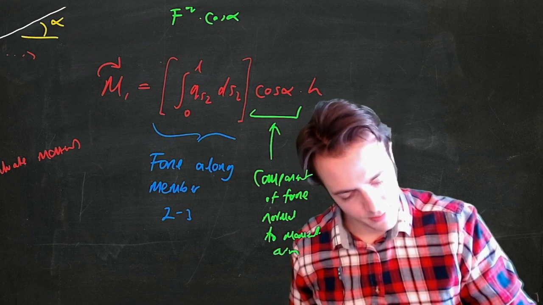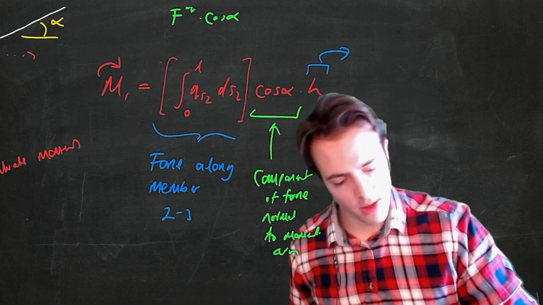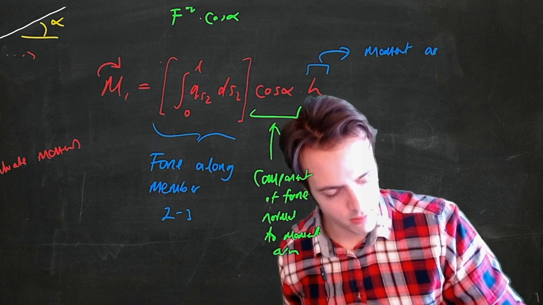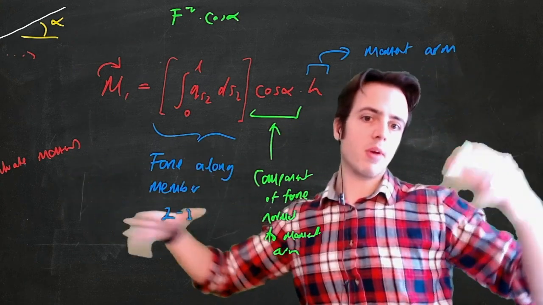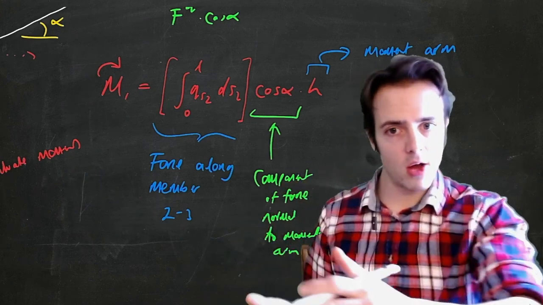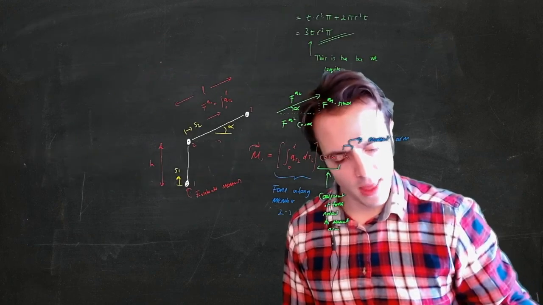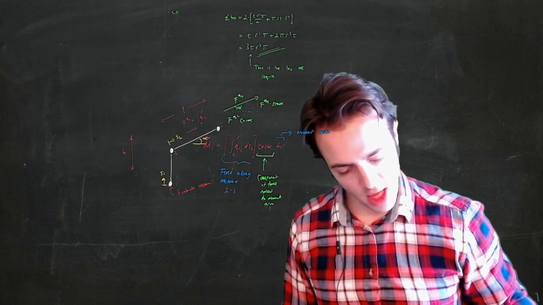And then this bit here is just the moment arm of the force application. Okay, so this theory that we've just done here, we can sort of see how we take that shear flow, turn it to a force, turn it to a component of force, and then multiply it by a moment arm. We need to apply this to the shape that we've just done.